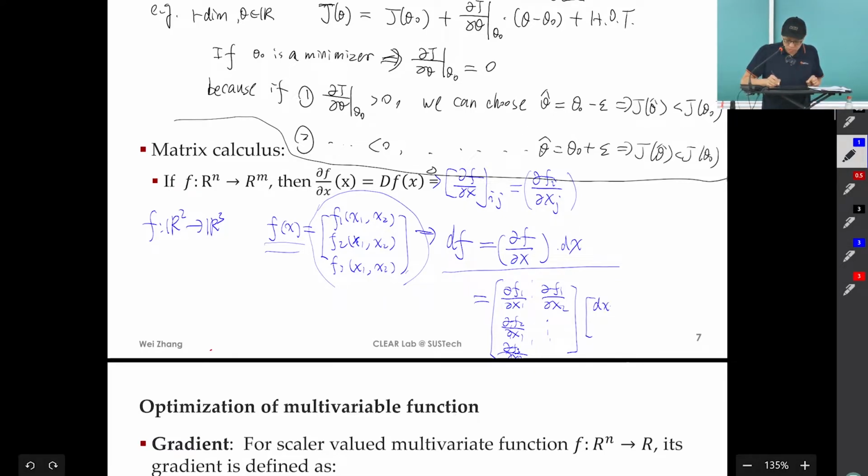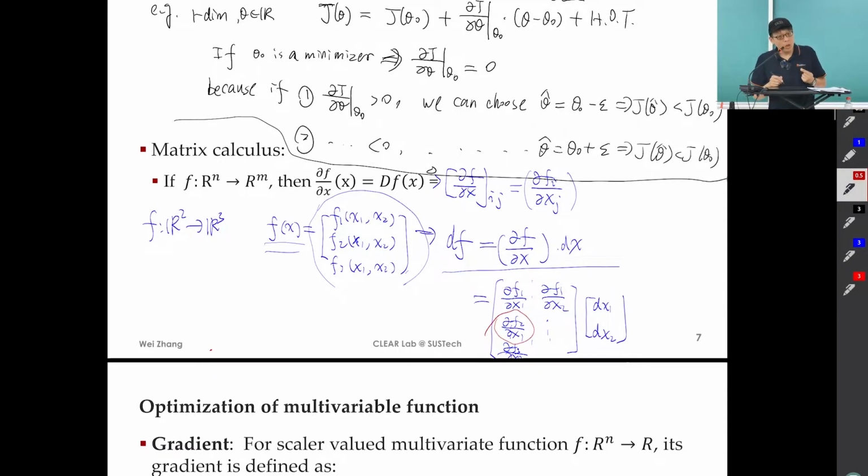What is dx? dx1, dx2. So for example, I pick this element. What does this mean? The slope of how f2 changes with respect to x1 changes, right? If you multiply them out, this change will be multiplied by this factor, right? So a positive slope will cause a positive increase in f2, but only in the f2 coordinate, not in other coordinates.